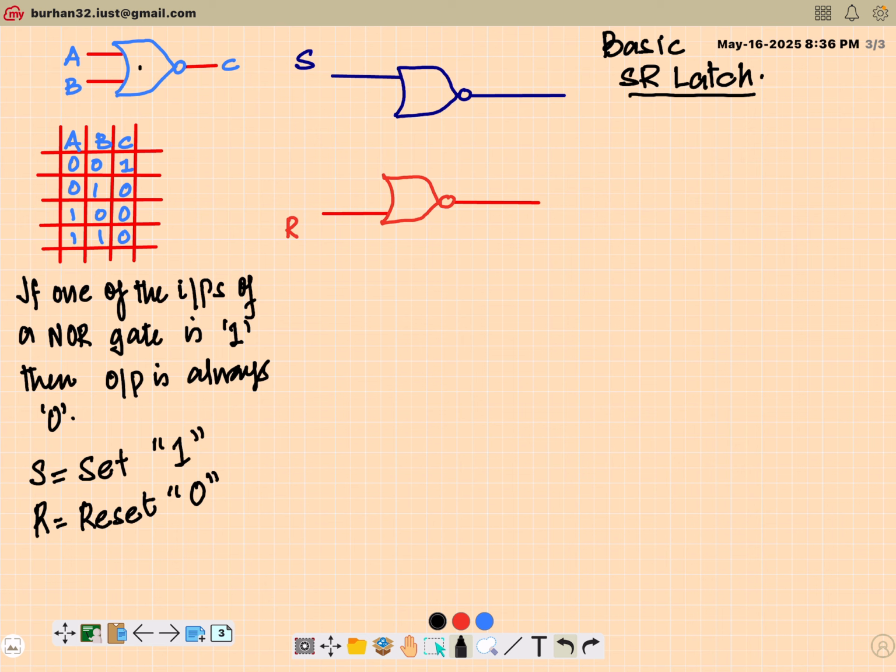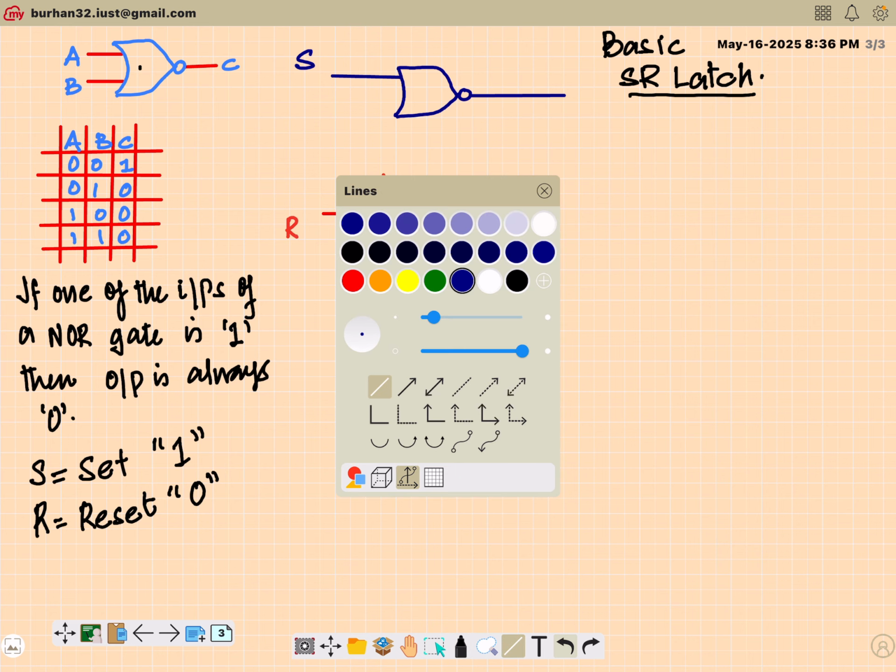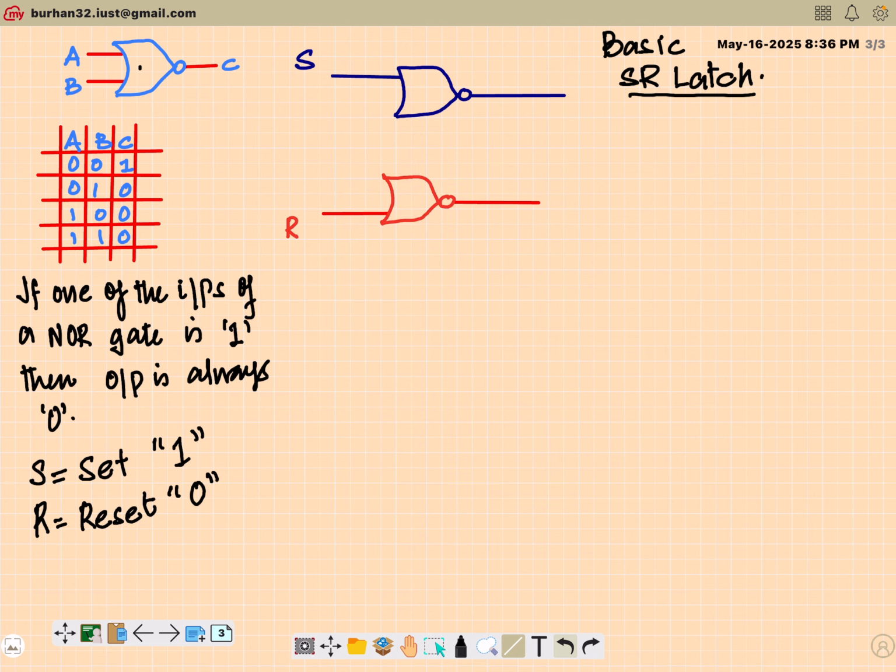So here I have two NOR gates. One of the inputs is well defined. And now, like I said in the previous video, to construct memories, we need some sort of feedback. So I will get a feedback connection, but in a different way. I will take this output and feed it as the second input of the lower NOR gate.